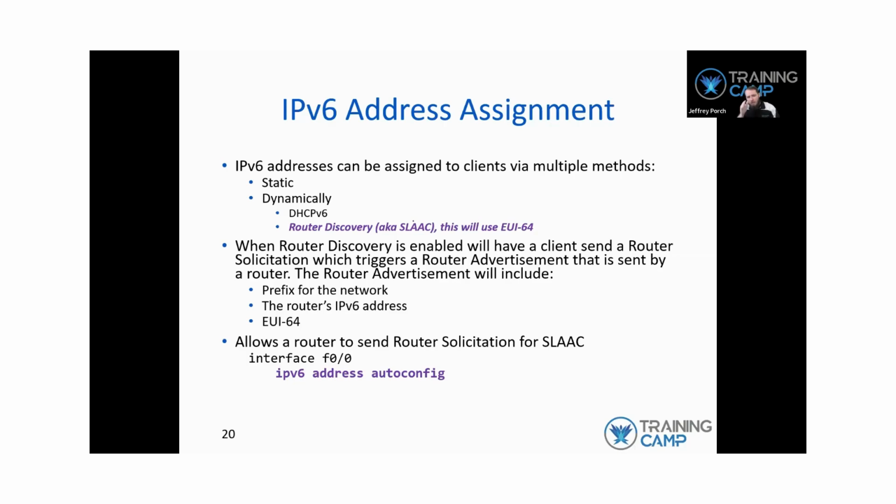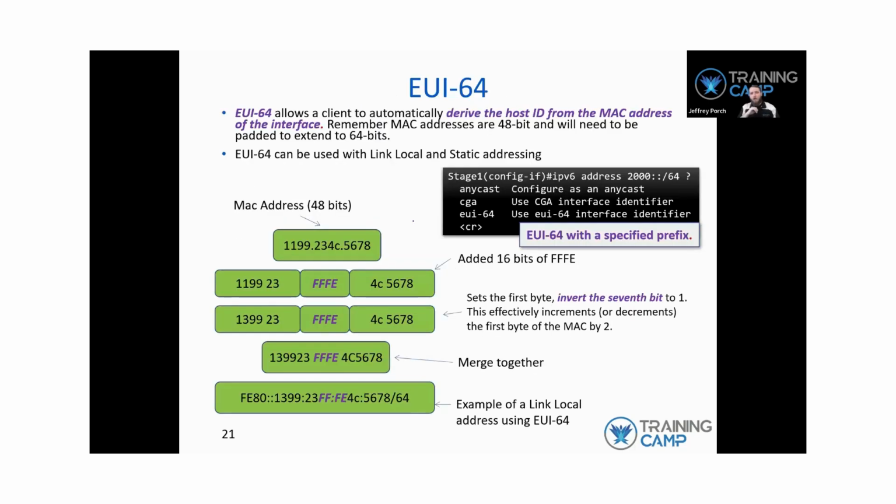Something that is added to IPv6 is stateless assignment, or basically an assignment that's not tracked, called SLAAC or EUI-64. EUI-64, in short, is taking the MAC address of the device and using that to derive an IPv6 address, at least the last 64 bits. They take the MAC address, which is a 48-bit address, and add a buffer in the middle, FFFE, because if it's half of an IPv6 address, it needs to be 64 bits.